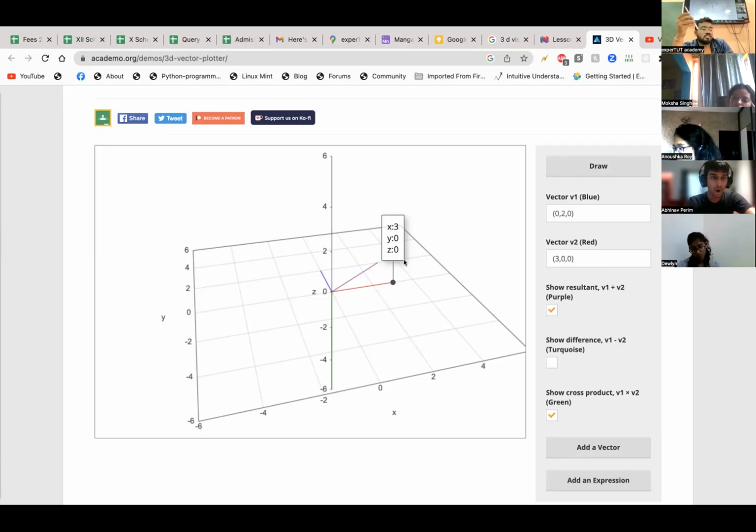But if you have two vectors, let's say this is one vector and this is another, you join them like this. You can always transpose this vector like this, and then this plane becomes this particular plane.